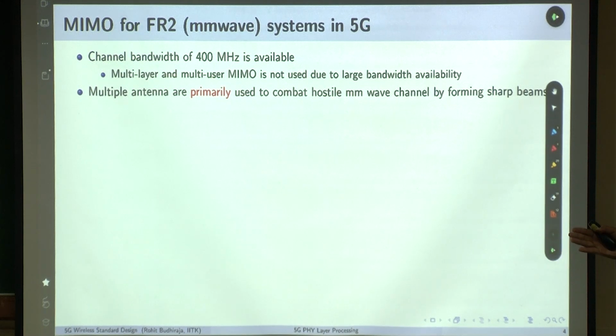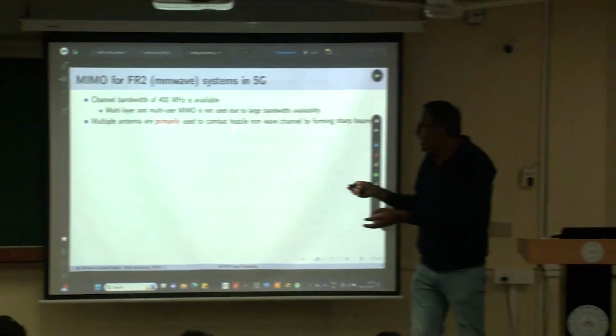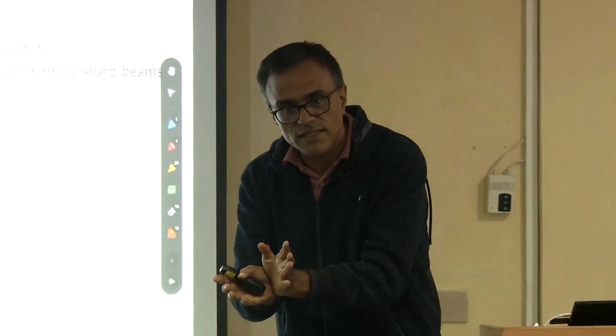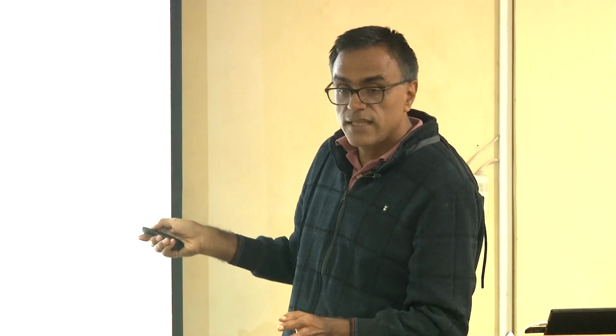But here, when the channel is hostile, users are forced to have multiple antennas, because the channel is so bad that users also need multiple antennas to combat it. Here, we spoke about 1 or 2 antennas; you will see that the user also needs 4 to 16 antennas, because the channel is so bad.